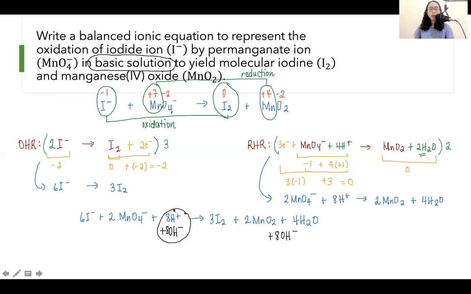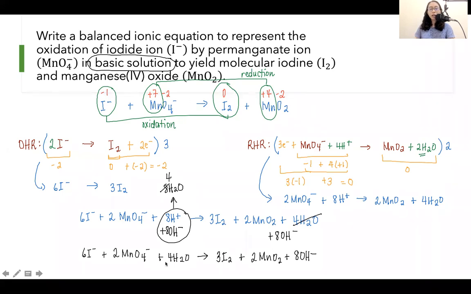So this is now equivalent to 8 water molecules. Now we also have 4 water molecules on the product side. So 4 will be canceled out and 8 here will become 4. So our final balanced redox reaction looks like this. Plus 3 molecular iodine plus 2 manganese 4 oxide plus 8 hydroxide ions.